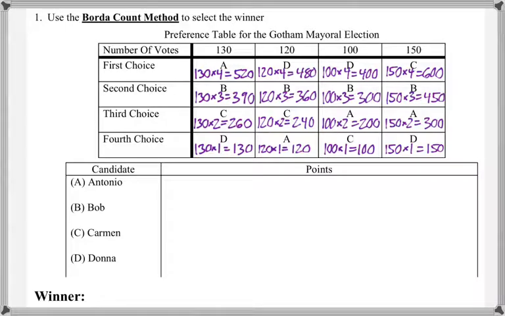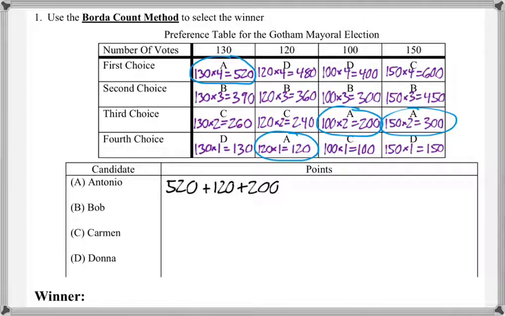So Antonio got 520 plus 120 plus 200 plus 300. So that's 1,140 total points.